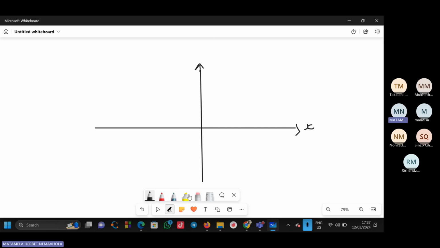So I'm going to check my coordinates. I found that when x is 0, I get -6. And also when y is 0, x is 2 over 3. So when we plot this, 1, 2, 3, 4. Okay, I will end it there. Let's say it's 1, 2, 3.